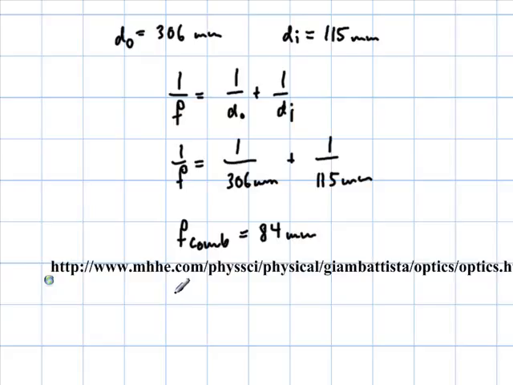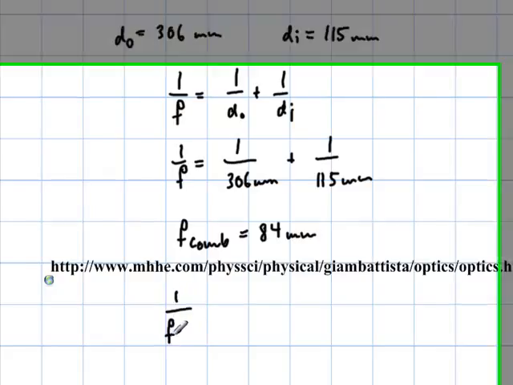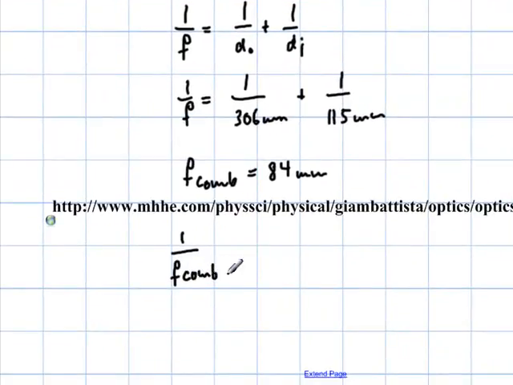You combine the two, and then the equation for the combination is going to be really similar to our thin lens equation, as long as the two are sufficiently close to each other. And that's the way I would write it. 1/focal length of combination is 1/focal length of the convex lens plus 1/focal length of the concave lens. It's the latter that we need to figure out.